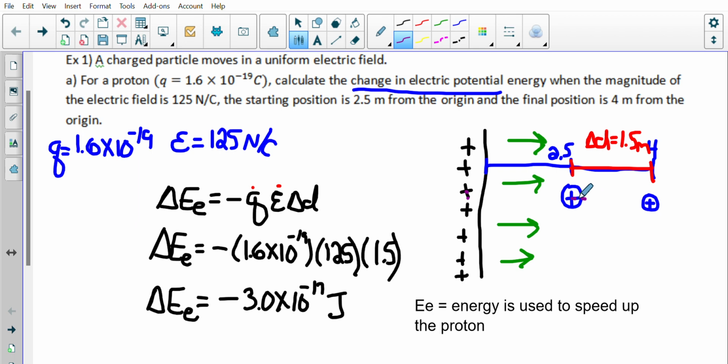Like charges repel each other, and so if you just let this positive charge go, it's going to speed up, but you're going to lose that electric potential energy between those two charges. And so again, because it's speeding up, that means our EK is increasing.